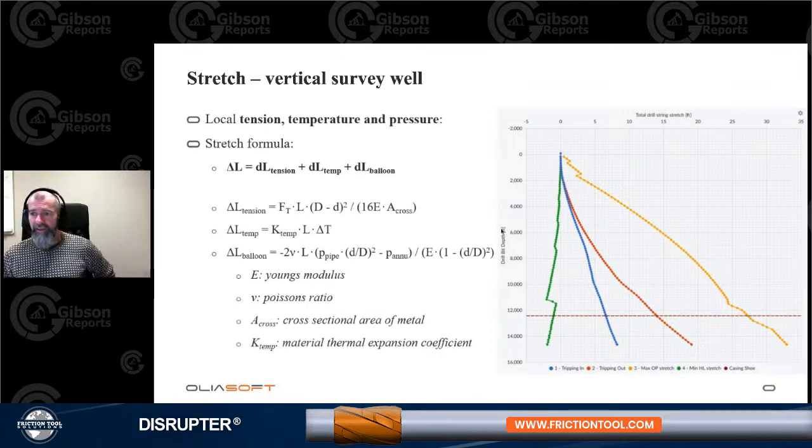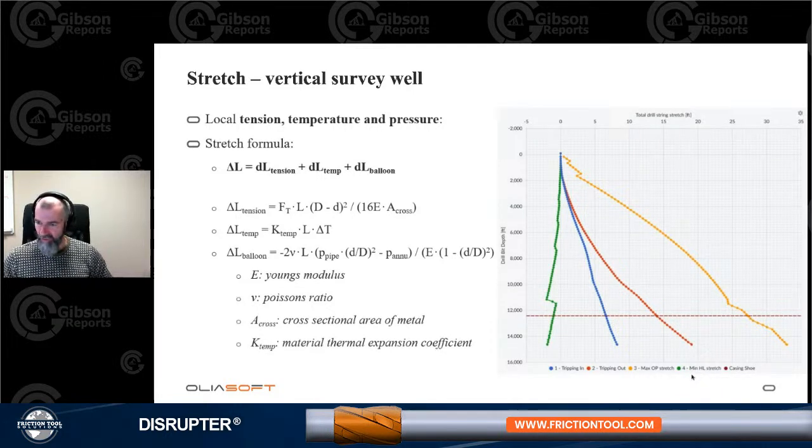So let's then see what sort of stretch we would get in this survey well that we've been using. So here on the right hand side, I've basically plotted a trip in, a trip out, but then I've also plotted 2 other interesting parameters here, right?